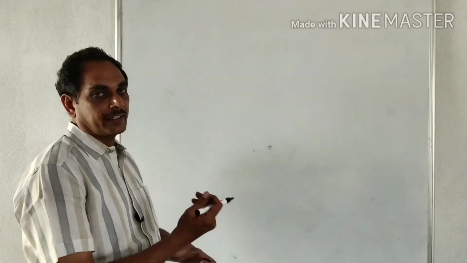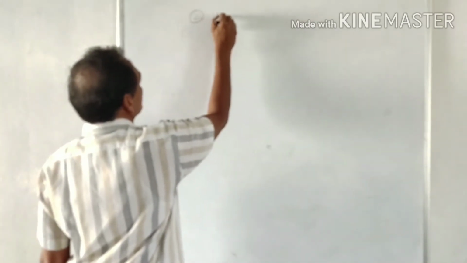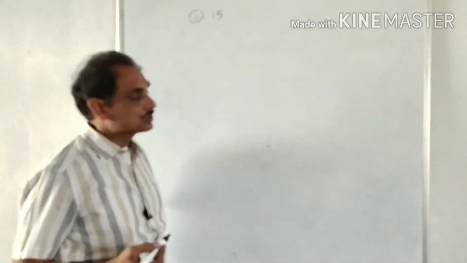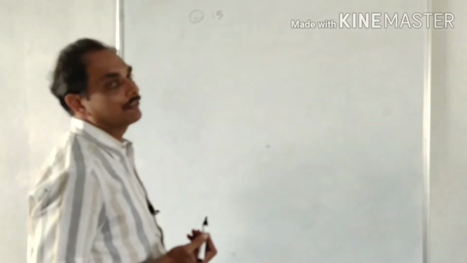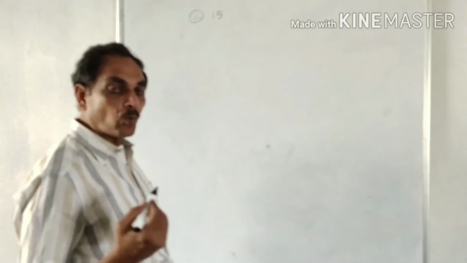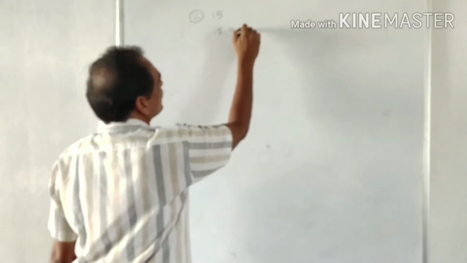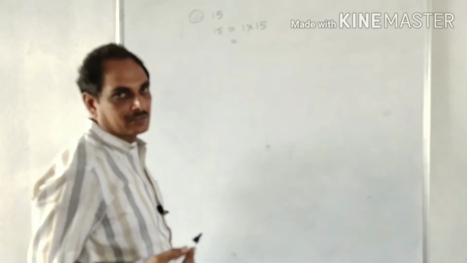Next, second example. The second is 15. This is the number. So we are going to find the factors of 15. We can divide 15 by numbers from 1 to 15, or we go to tables. 1 fifteen is 15.